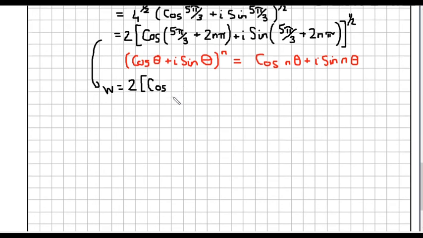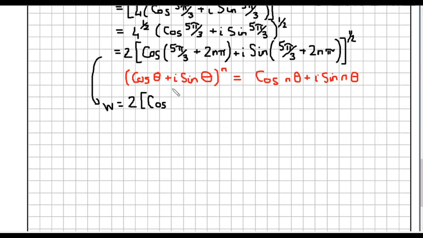So it's going to be cos of 5 pi over 6, plus, when you multiply this by a half, it's going to become n pi. Plus then, i is going to be exactly the same thing over here. So i sine of 5 pi over 6 plus n pi.